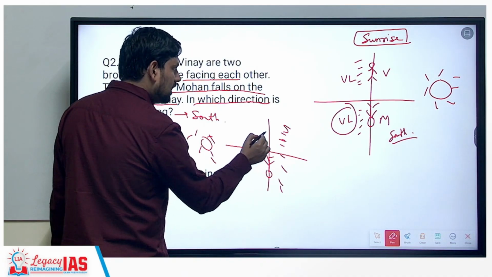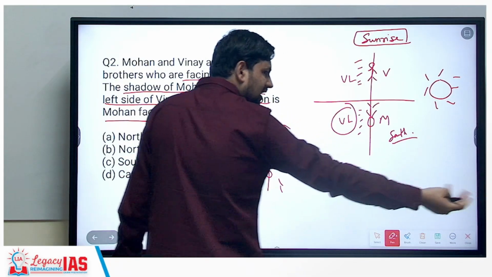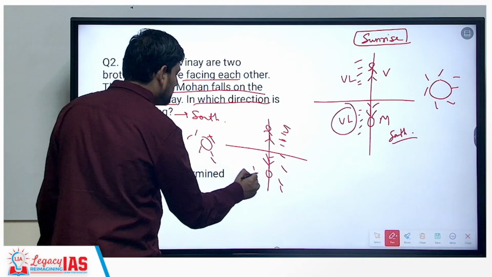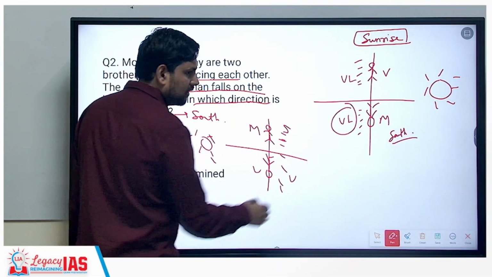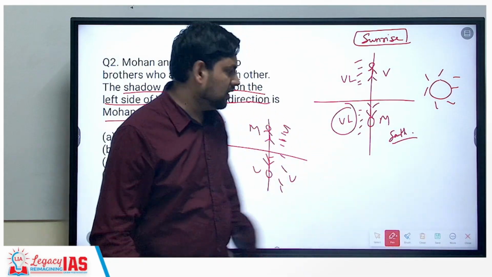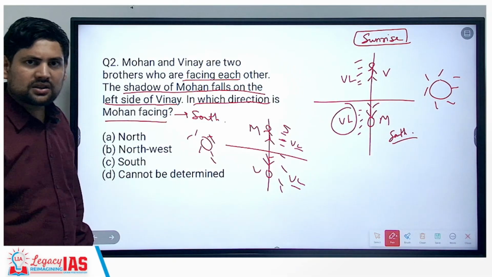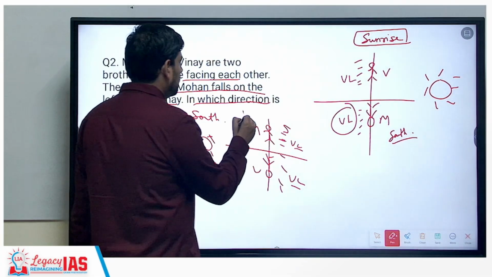If I still try to make this Vinay, then the shadow is towards Vinay's right. That is not possible. It is given towards Vinay's left. So this becomes Vinay and this becomes Mohan. Now the shadow is towards Vinay's left. In both cases, it is holding. So now, according to this, Mohan is going in north direction.